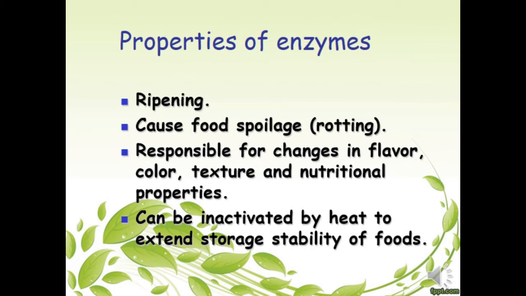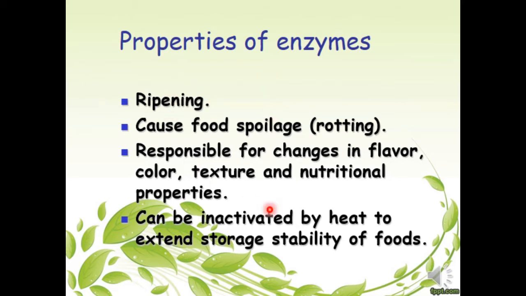Now, due to the property of enzyme as protein, it can be inactivated by heat in order to extend the storage stability of food, especially vegetables and fruits. For example, if you want to export fruits, the transportation will take time, and you don't want the food to get spoiled during transportation due to the ripening process.